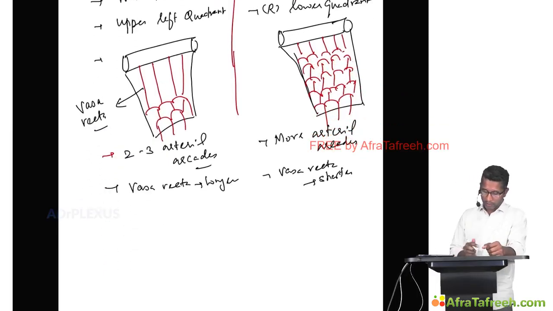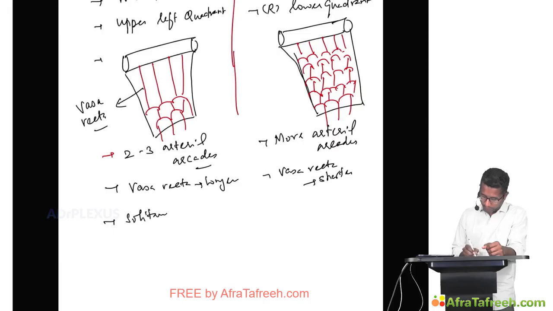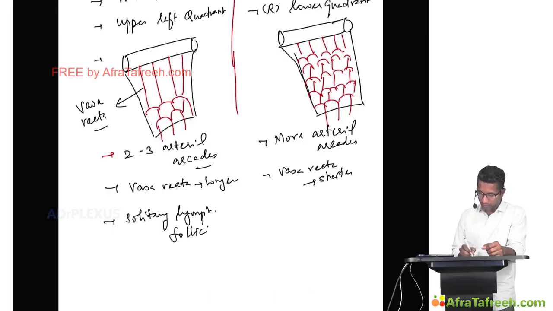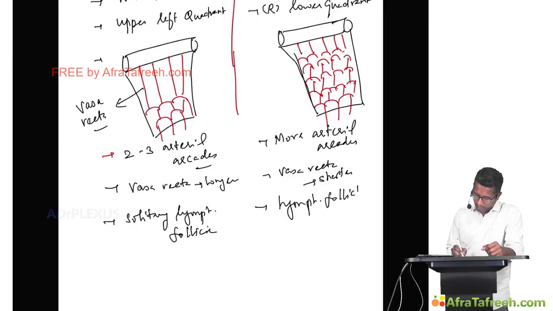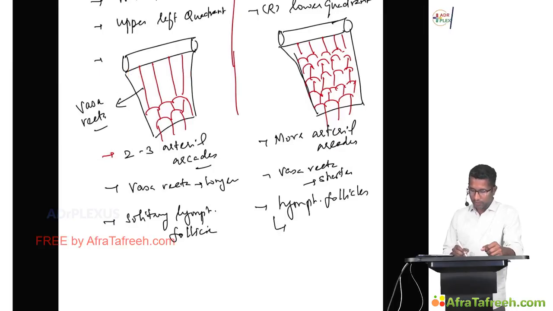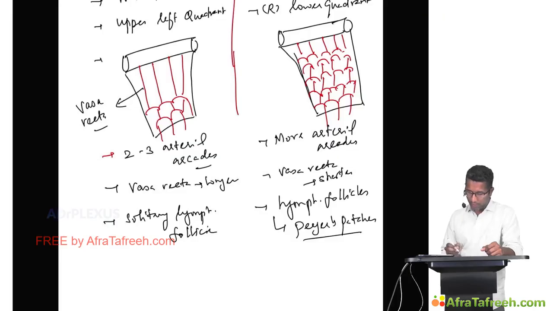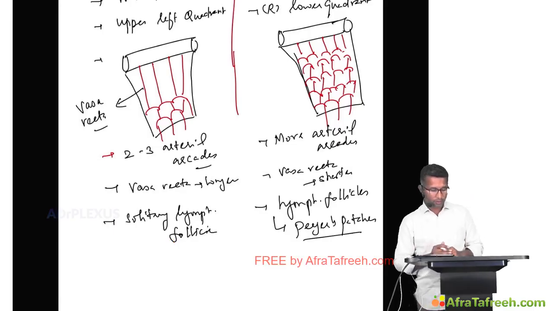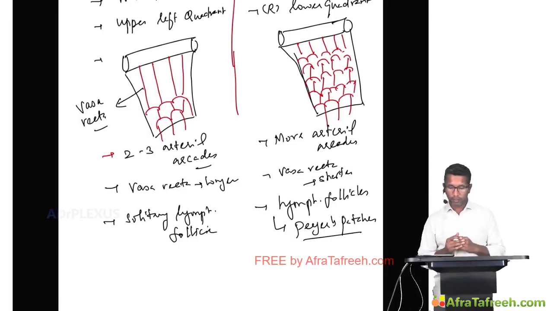In the jejunum, what you see will mostly be solitary lymphatic follicles, whereas in the ileum the lymphatic follicles are aggregated to form a patch called Peyer's patches. Guys, can anybody tell me in which condition Peyer's patches can get inflamed?